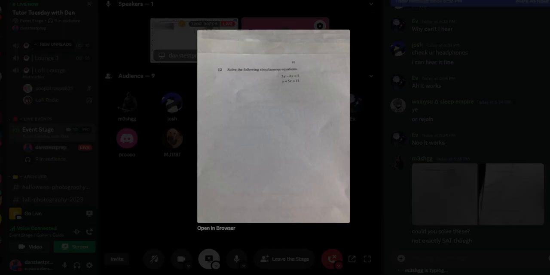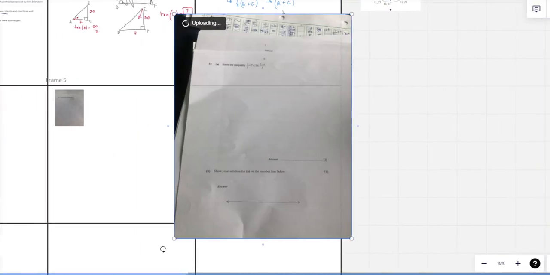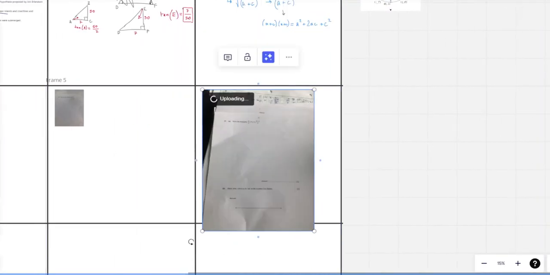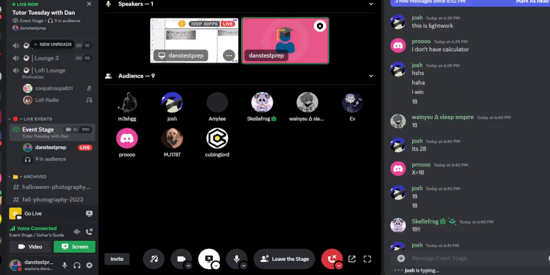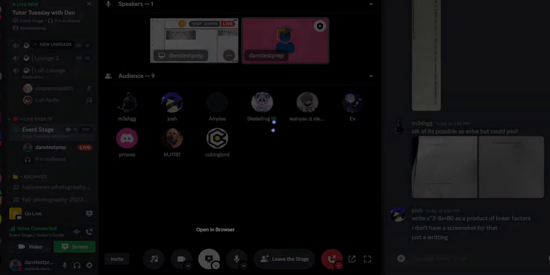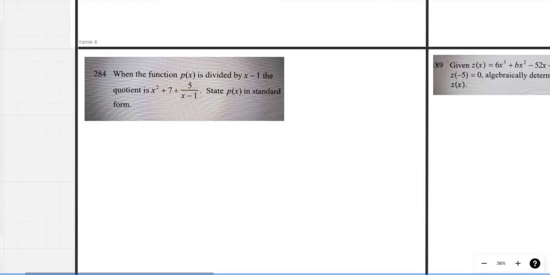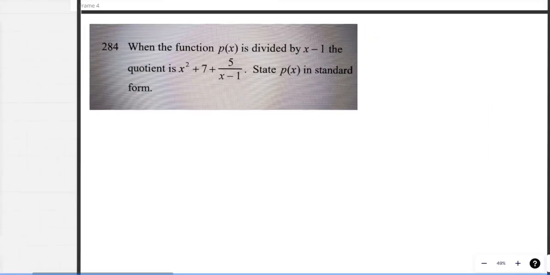I see this one right here. I see another problem right here I'm going to paste in. Oh my god, that's huge. If you can send a screenshot, I can paste it in here. Otherwise, it's a bit tough.